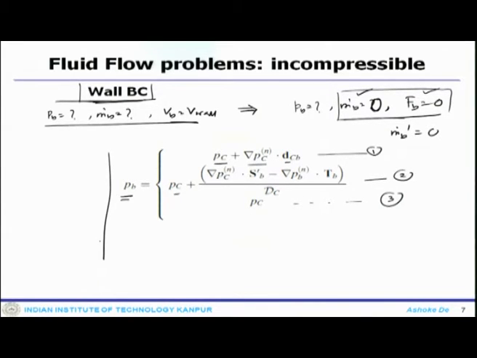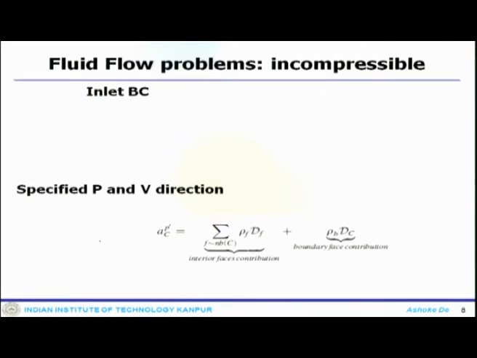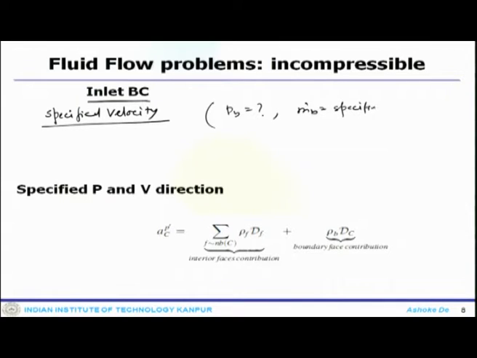Now, the second approach could be inlet boundary conditions. So, in your domain there is an inlet condition, and the inlet boundary condition one can have, let us say, is specified velocity. That could be one easy condition, where with specified velocity my Pb is not known, m dot b is specified, and Vb is also specified.